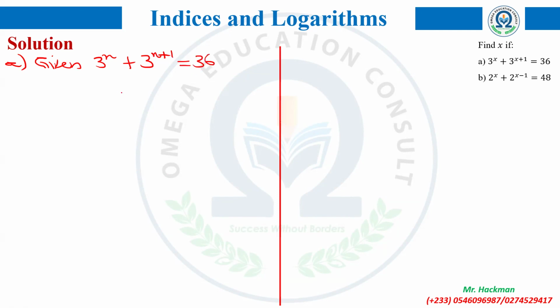I've told you, anytime you realize that you are dealing with a sum, if you are dealing with a product, the work becomes very easy. Then it means you have to write this as a common base, then check whether you can write this also as the same base as this. Then you compare the exponents. If you cannot write that to be the same base, then you take the log. You remember?